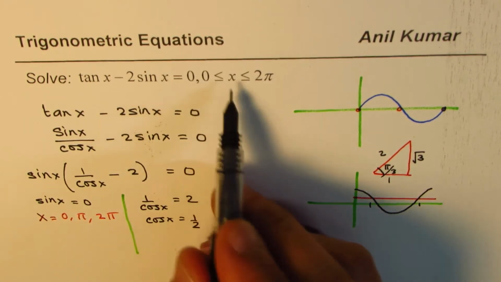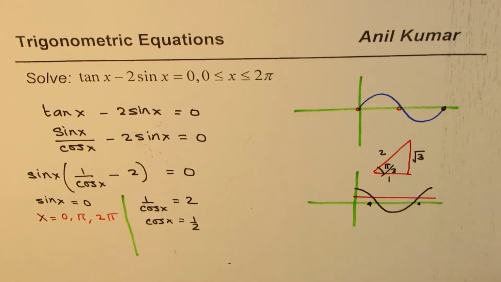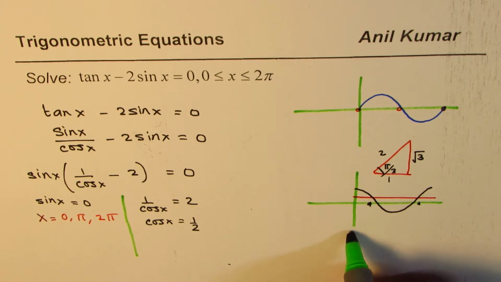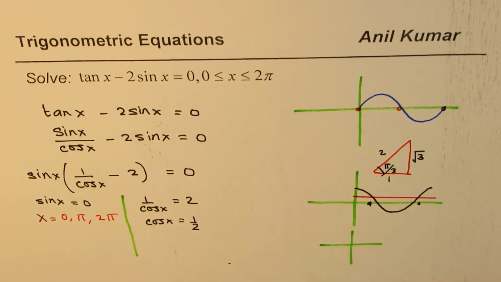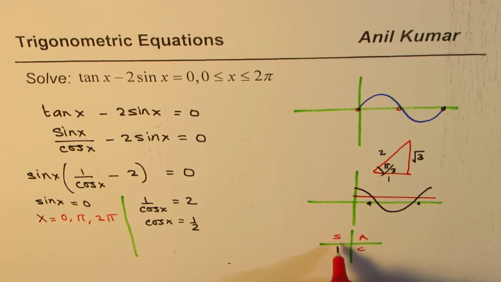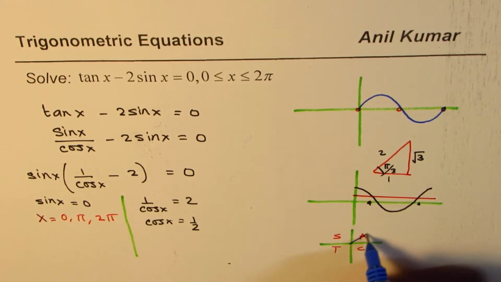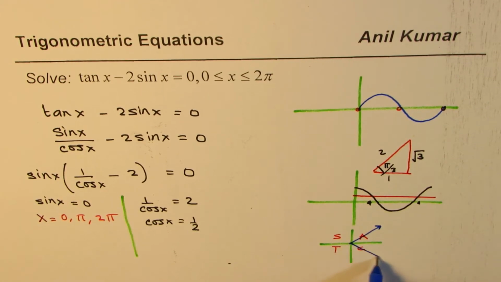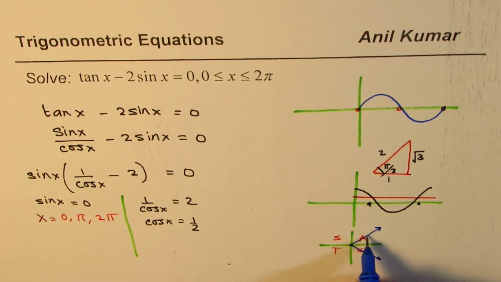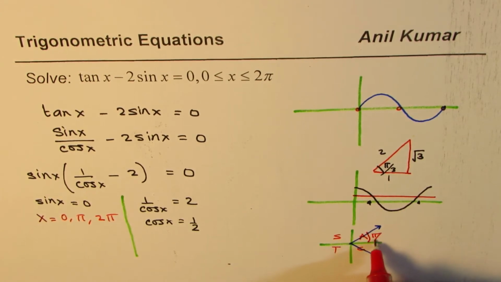Now within this interval we have two solutions. In which quadrant are these? Well, we can use the CAST rule to figure this out. So the CAST rule means that we have cos as positive in quadrant 1 and in quadrant 4. In quadrant 1 we have found that the angle is pi by 3.